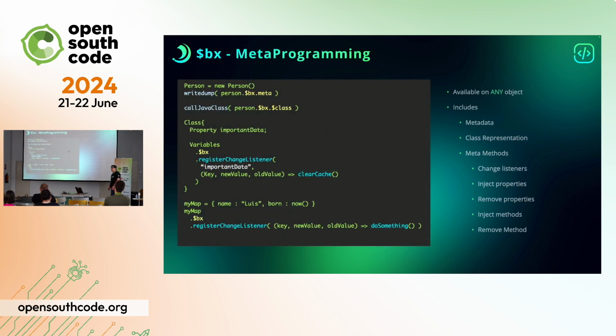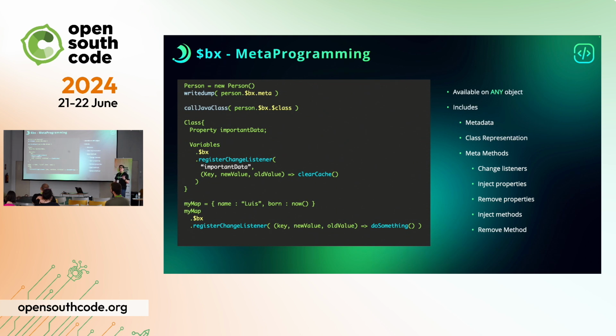We also do a lot of metaprogramming from ColdFusion and Groovy and Ruby, and we brought that as well into BoxLang. You have this available in any object. So any object inside of BoxLang, you have a special variable called $bx. Okay? So here's a person, for example, that I just created in the last slide. I can say person.$bx.